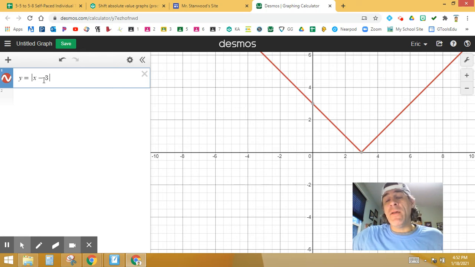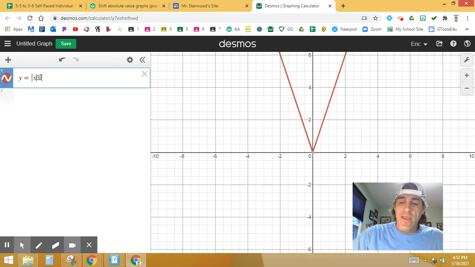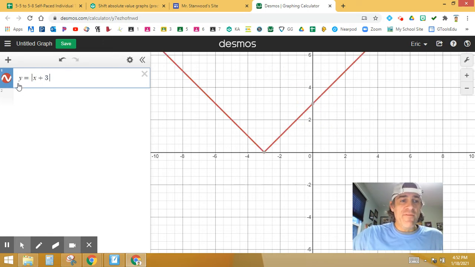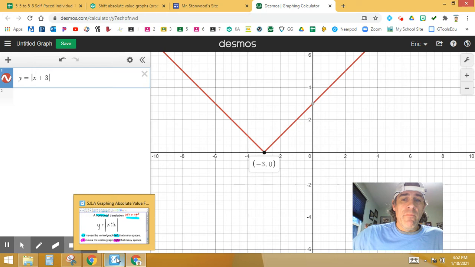That's why it would be there, where it equals 0. So now if I add 3, what value would x have to be in order to make this equal to 0? It would have to be negative 3, so that's why the graph vertex moved over to negative 3.